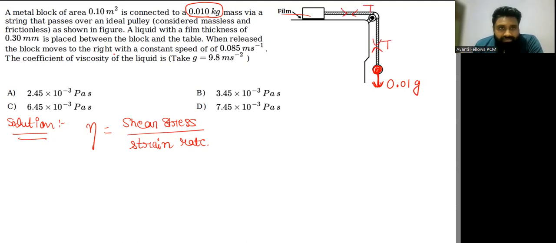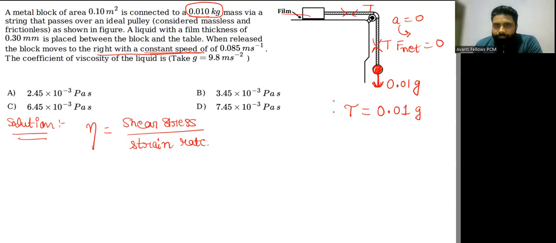Since this system is moving with a constant speed, the acceleration is zero. If acceleration is zero, the net force is equal to zero. So you can directly say that the tension is equal to 0.01 into G. This tension will act in this direction on this block.